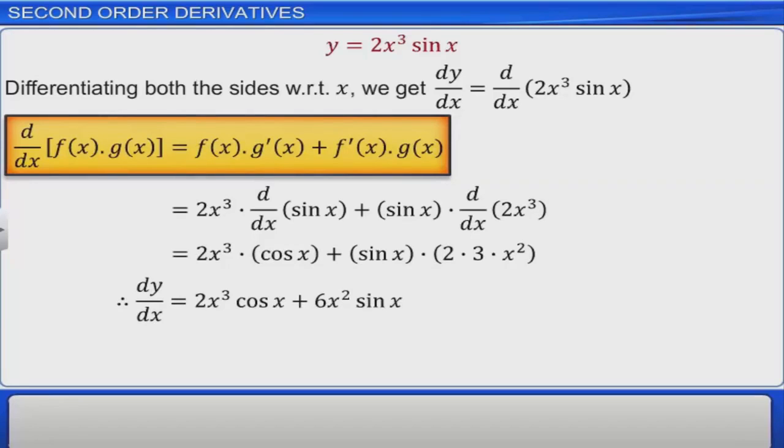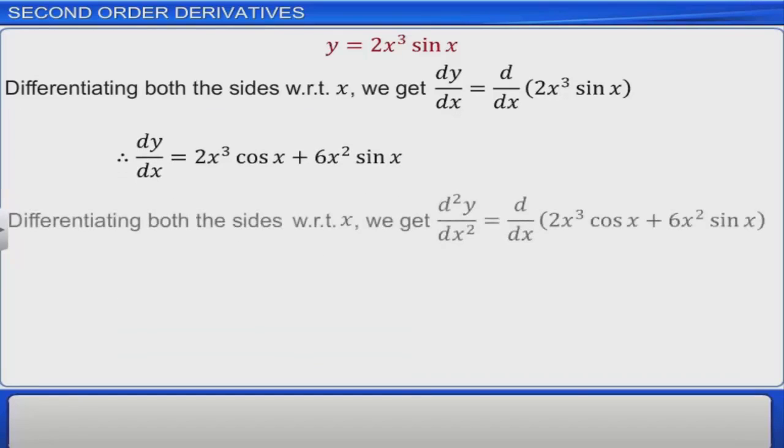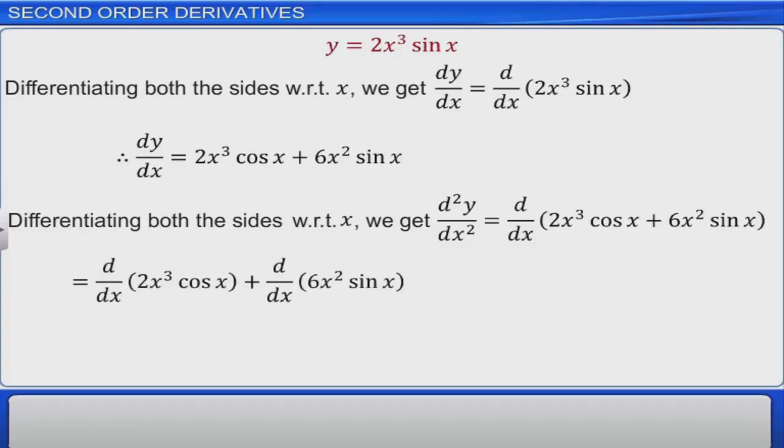Differentiate both the sides with respect to x again. Here we have the sum of the product of two functions. So, we differentiate each term by applying the product rule as shown here.